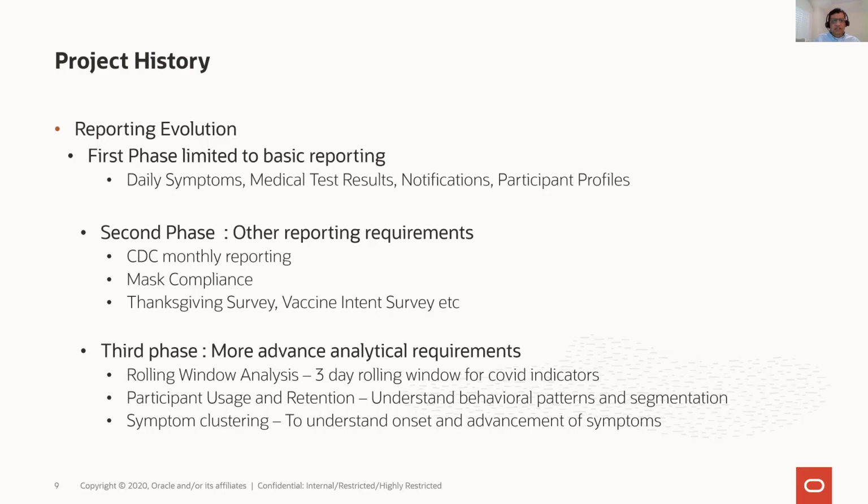They also started asking questions on other behavioral patterns and symptom evolution. And we started realizing that the basic reporting techniques were not answering some of the questions they were coming up with, on both participant usage and retention, as well as symptom tracking. And we possibly had to do something different here.